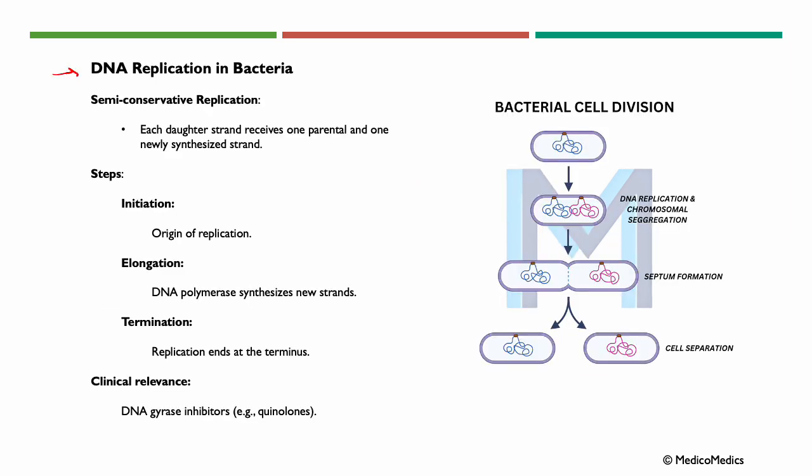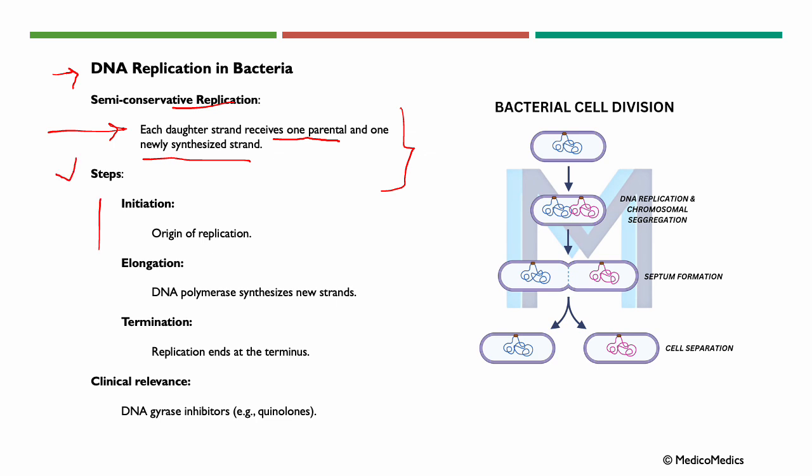Now then, let's take a look at DNA replication in bacteria. So we have semi-conservative replication, whereby each daughter DNA molecule consists of one parental strand. So it receives one parental and one newly synthesized strand. This ensures genetic continuity.